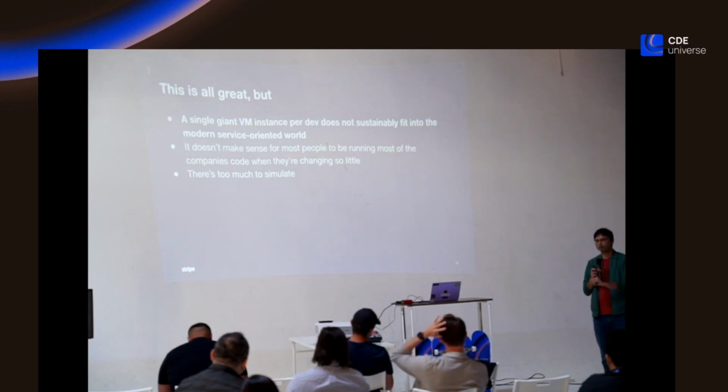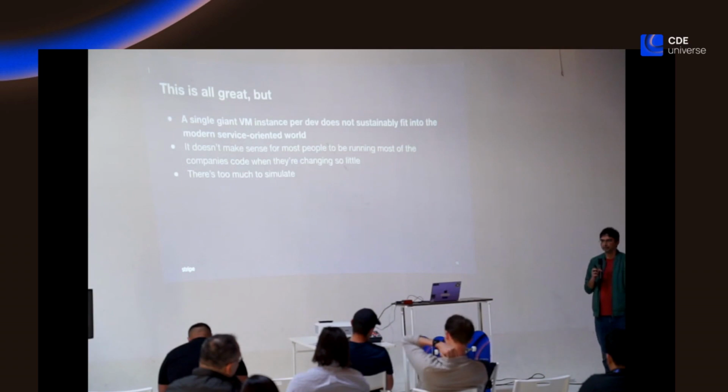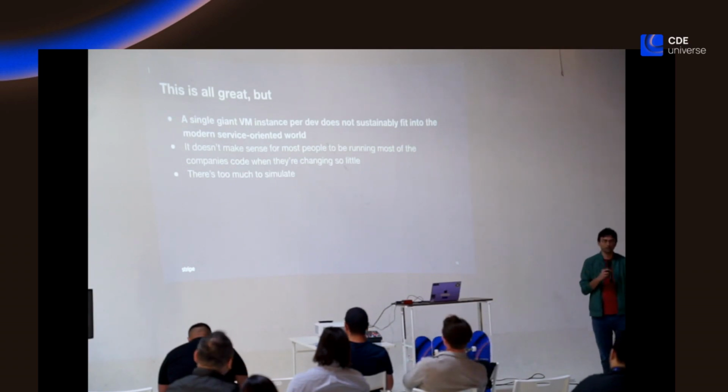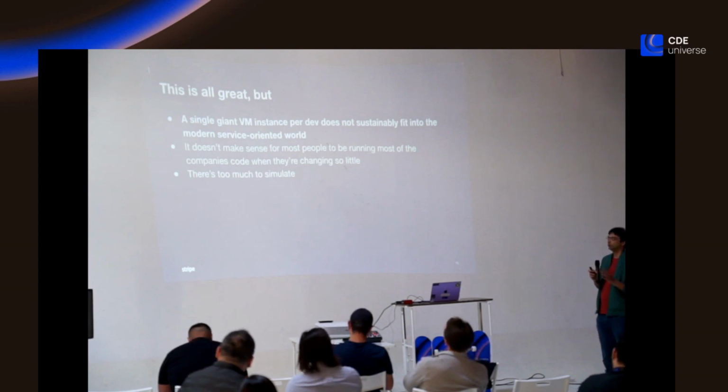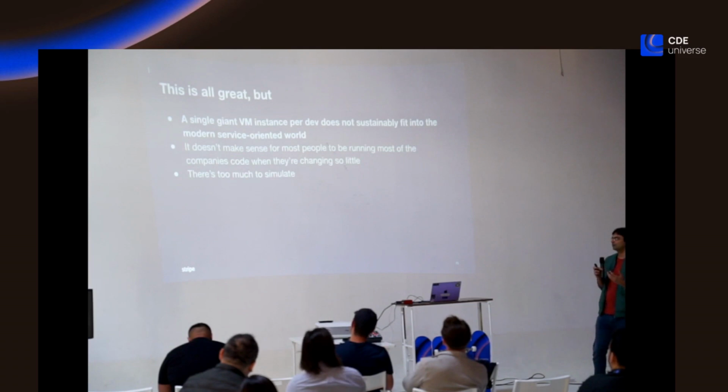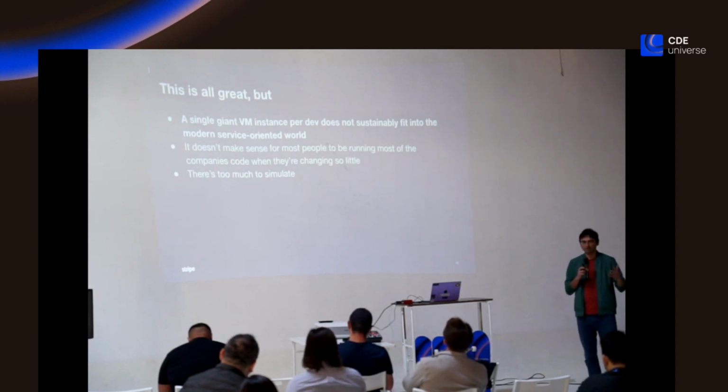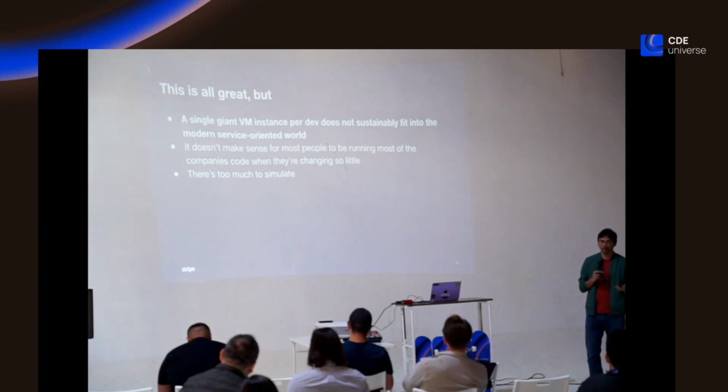We added 1 or 2 more monoliths to the story. There was one database. At that point, it made sense to run everything in one instance. But we're not there anymore, and most companies aren't. There are hundreds of services, dozens of databases. There are asynchronous systems. There are cloud systems that are not easy to simulate on an EC2 instance. So what to do?